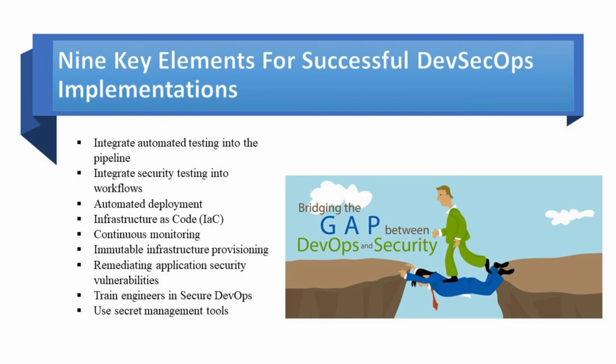And the next point is continuous monitoring. Tracking systems in production can contribute to all sides of the DevSecOps triangle. Monitoring can identify security issues and help you resolve them early to prevent incidents in production.